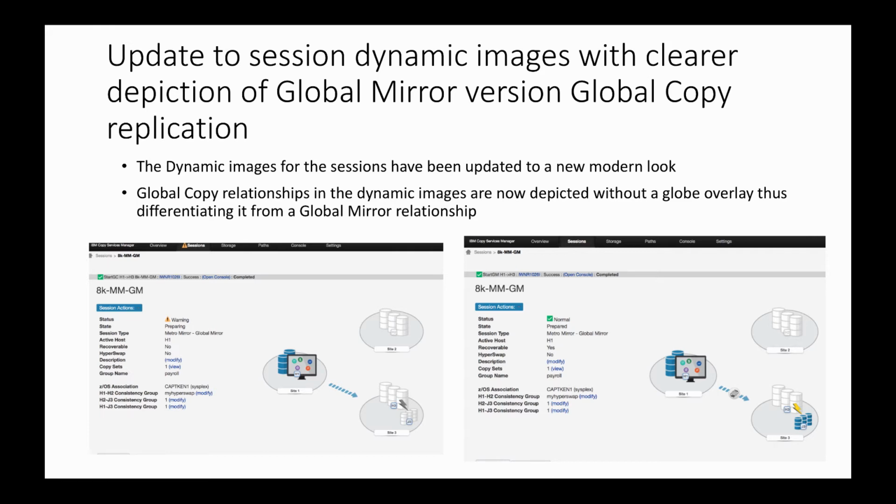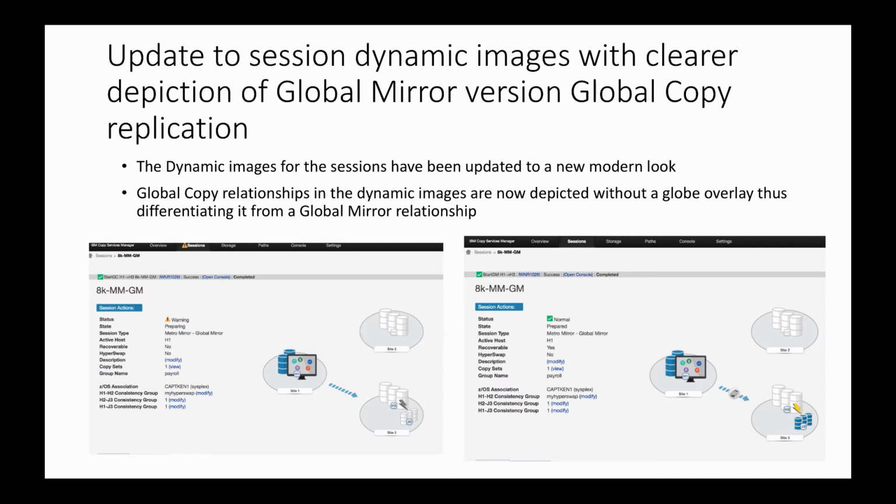All right, so next is our update to our session dynamic picture images. You'll see that we refreshed the images. They're a little flatter now, a little more modern. That's the picture that depicts where the replication is going. But part of this was also trying to make clearer the difference between global copy and global mirror.